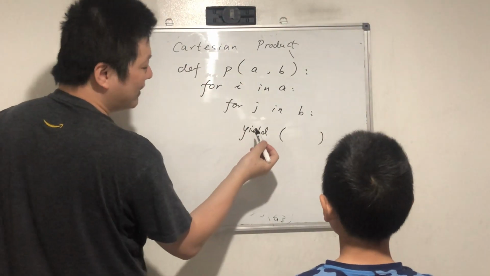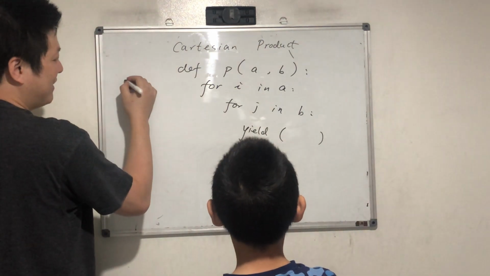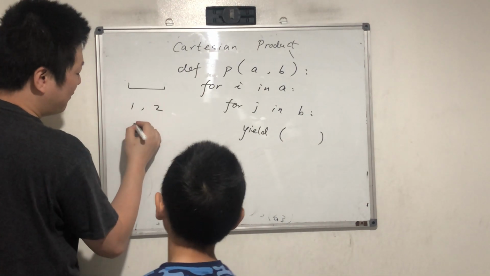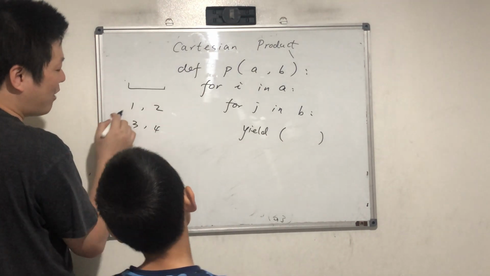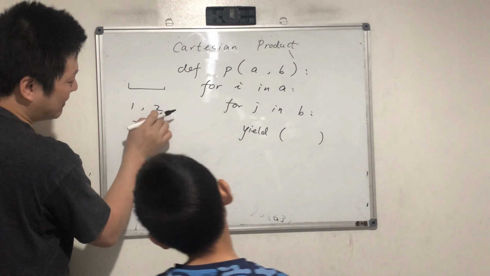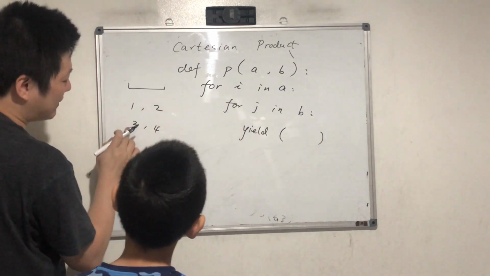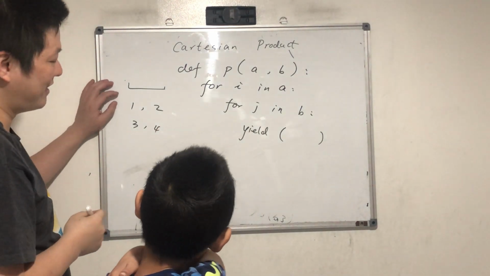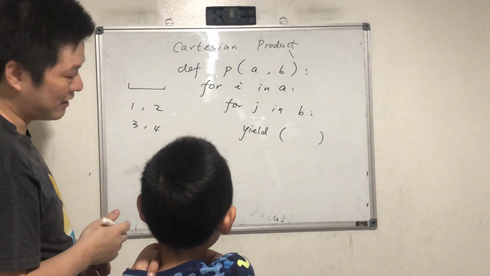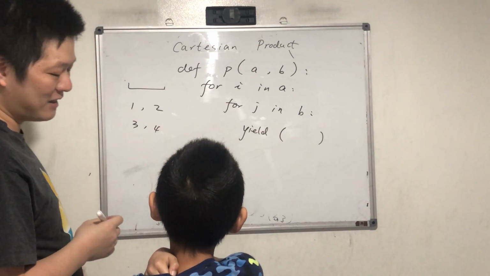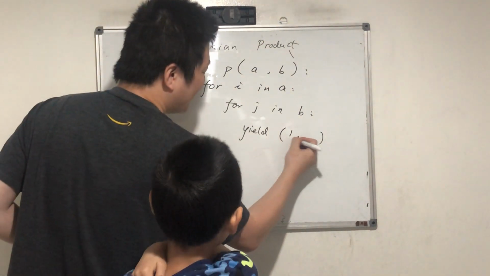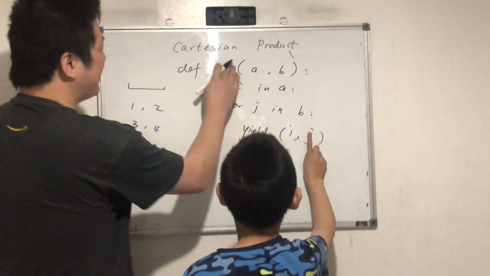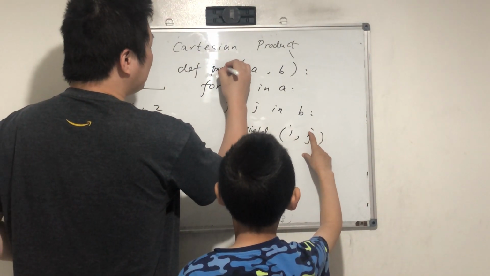A is 1, 2 and B is 3, 4. i is the element in A, and j is the element in B. So yield the what? Come on, it's very obvious. The tuple of i and j. Yeah, exactly. That's it. That's for the product.